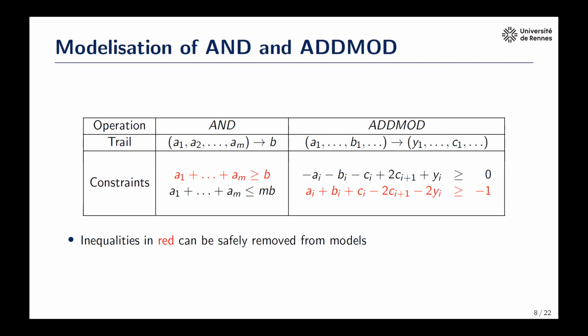For the AND operation, the red inequality only ensures that if you have all zeros, you will get a 0 at the end. But in practice, we really don't care if b is equal to 1. For the modular addition, it's a bit more complicated, but if the first inequality is satisfied, then similarly, the second inequality only removes a non-minimal transition, so we can remove it.